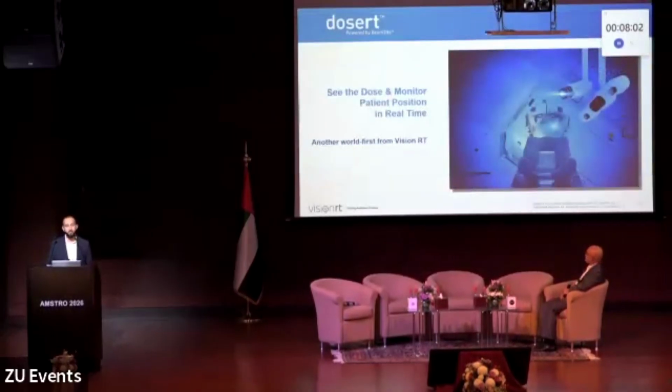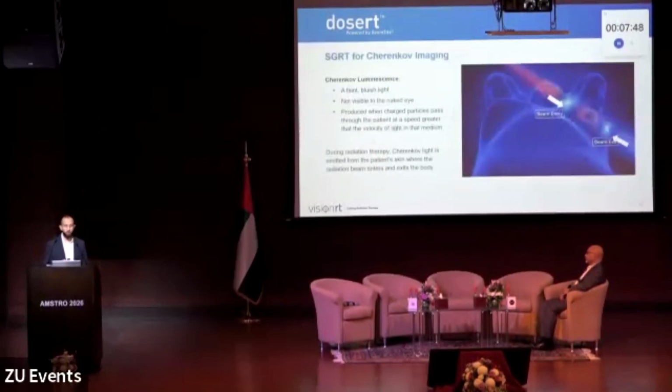This camera is based on Cherenkov imaging, or Cherenkov radiation. Cherenkov radiation is a faint blue light, and we cannot see it in radiation therapy. We can see it in higher energy facilities like nuclear facilities, but in radiation therapy, because the energy is less than those facilities, we cannot see it.